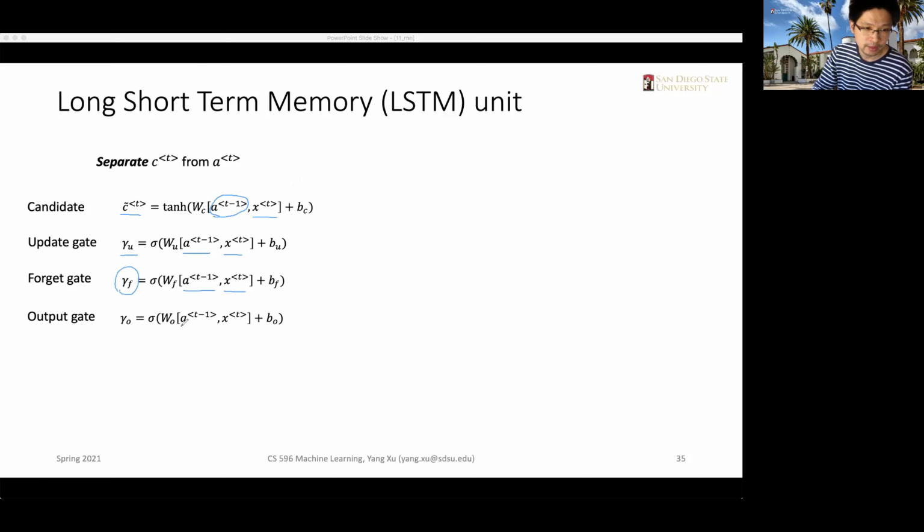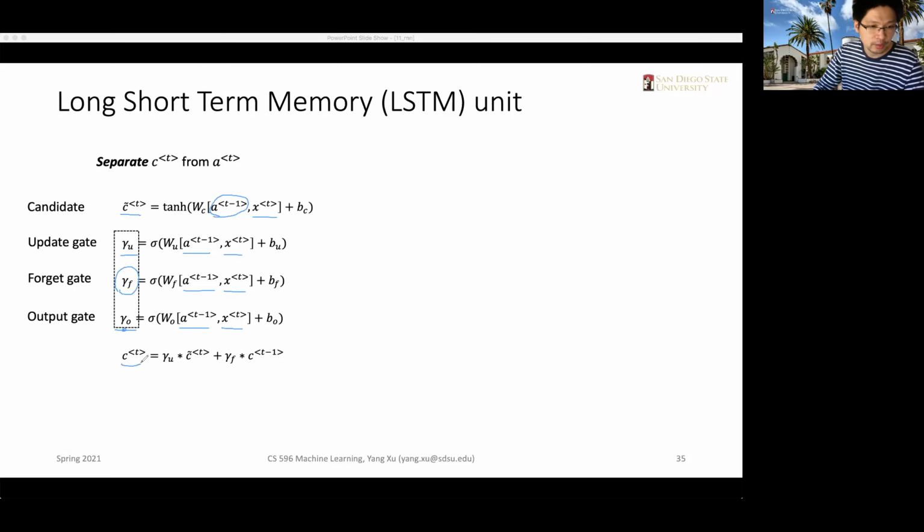So we have the activation from the previous time step and the current time step. So this gamma O, as the name indicates, is in charge of deciding the weight we put in computing the current output. Okay, so we have three gates altogether, right? Update, forget, and output.